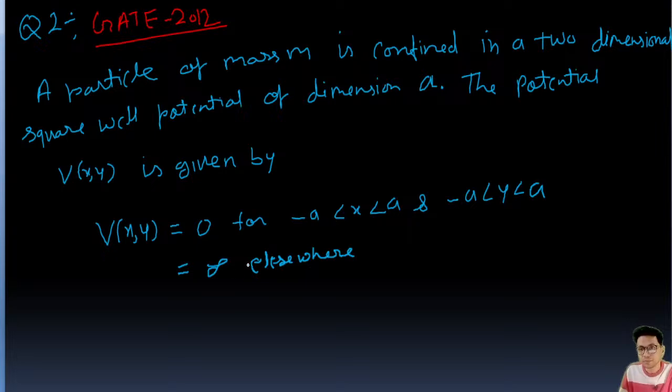This is the potential given. Now the energy of the first excited state of this particle is given by, okay.